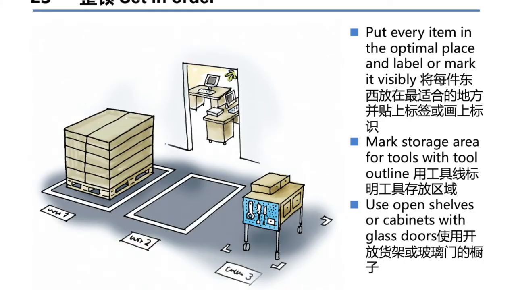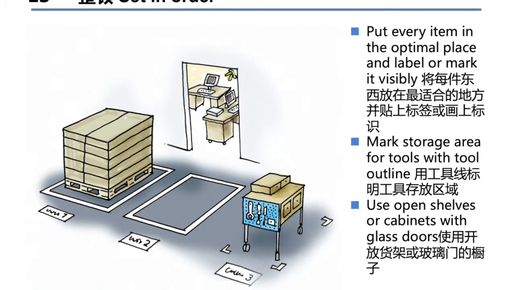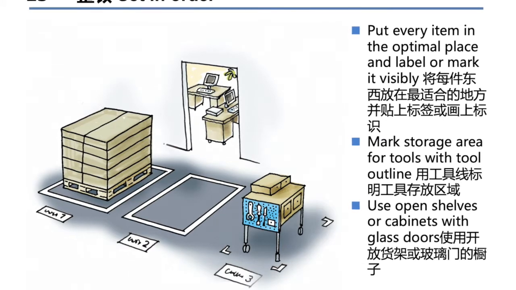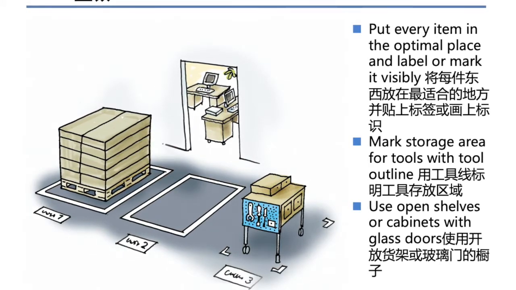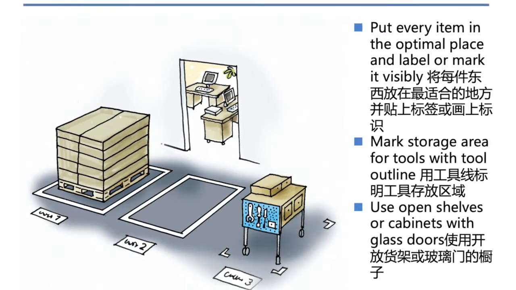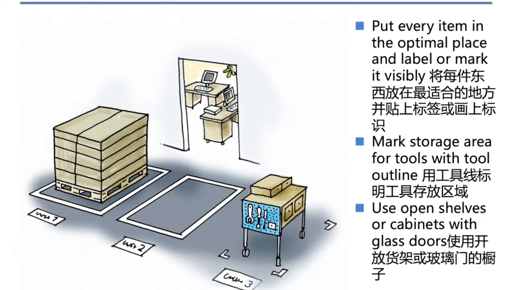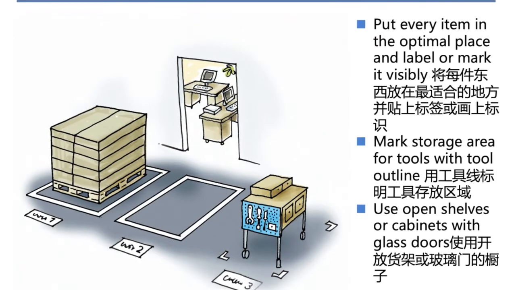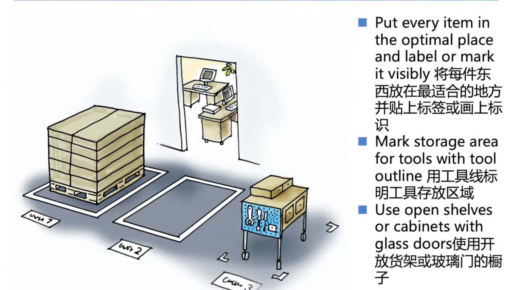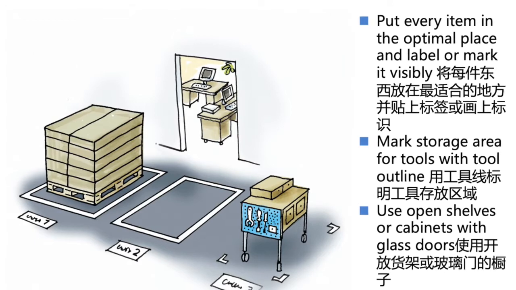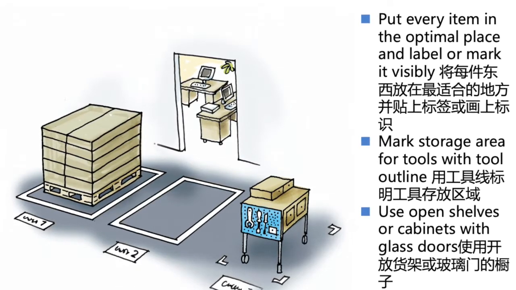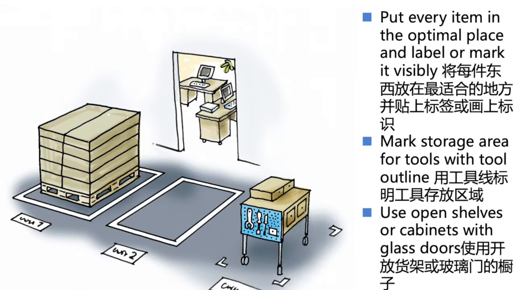The second S is setting in order, which means from the first step we have already sorted the things we need, and in this step we just need to set or put those things in order. We need to put the things we need in the right place, with the right volume and the right container.